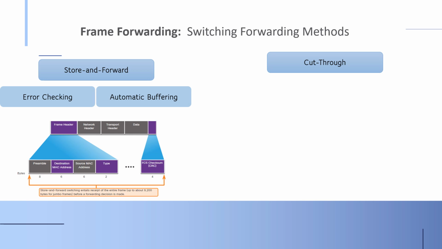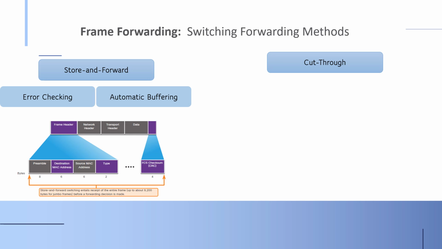Store and forward switching drops the frame that does not pass the frame check sequence check. Therefore, it does not forward invalid frames, but in contrast, the cut-through switching method may forward invalid frames because no frame check sequence check is performed.